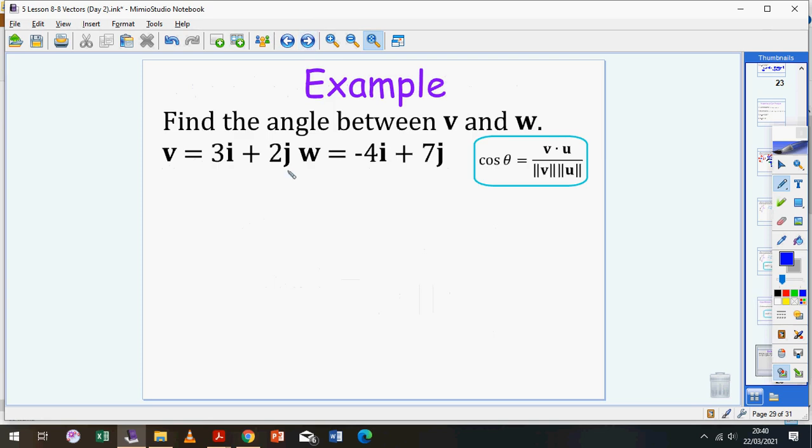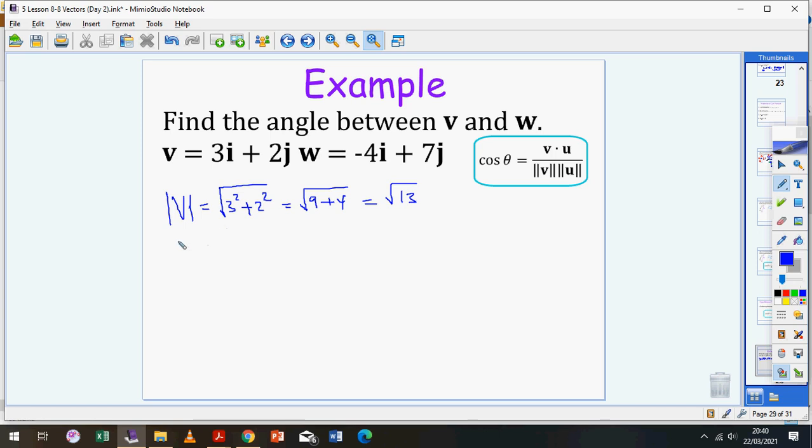Example is here. If I want to find the angle between V and U, first I need to find the magnitudes of V and U. Magnitude of V will be 3 squared plus 2 squared under square root, which is the same thing as 9 plus 4, which is the same thing as square root of 13.